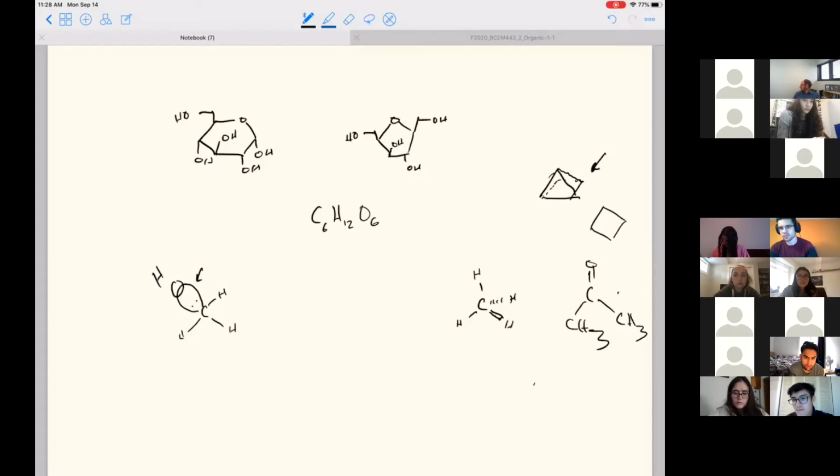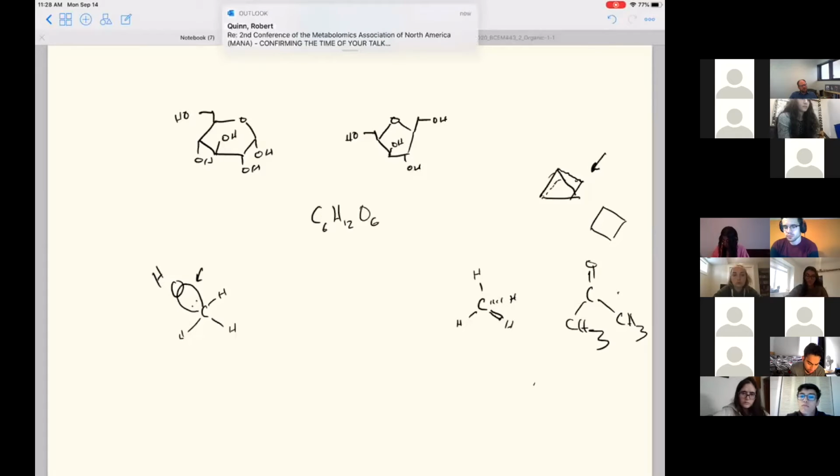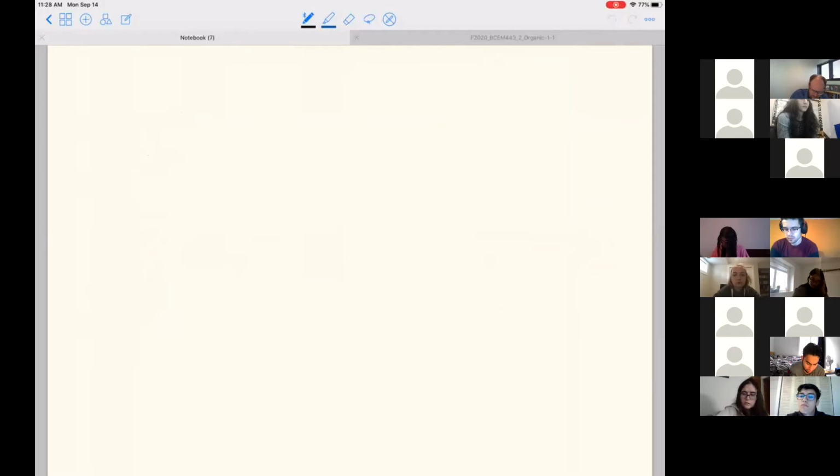Next chat question. When a question is asking about the cyclic structure of a monosaccharide, such as fructose, should we assume a 6-membered ring is being formed, not a 5-membered ring? Well, for biochemistry examples here, it's the position of the double bond that really influences whether it becomes a 6 or a 5-membered ring.